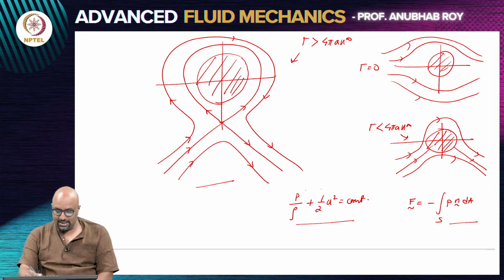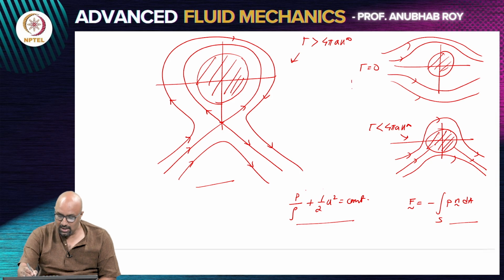Because pressure goes quadratically with your velocity, when you have a flow field which has this left right symmetry, top bottom symmetry, that will get reflected in your pressure, because pressure depends on the magnitude of the velocity. So, if there is a certain symmetry in your velocity field, that symmetry would show up in your pressure.